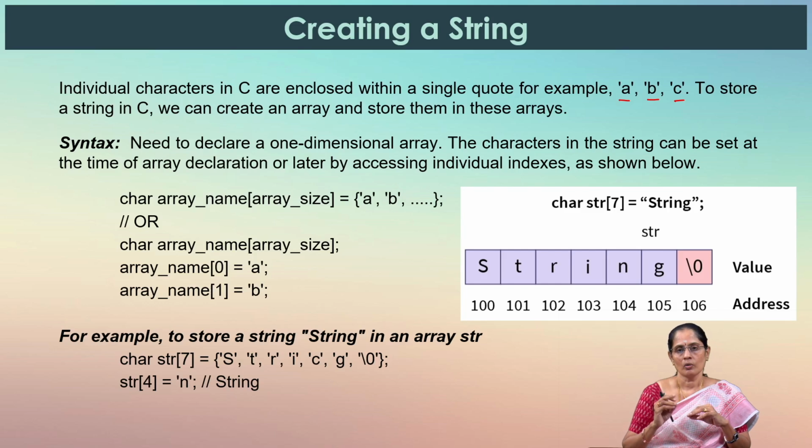We need to declare a one dimensional array because the characters in the string can be set at the time of array declaration or later by accessing individual indexes as given in the example. Actually, C does not have a specific data type for storing and accessing strings.